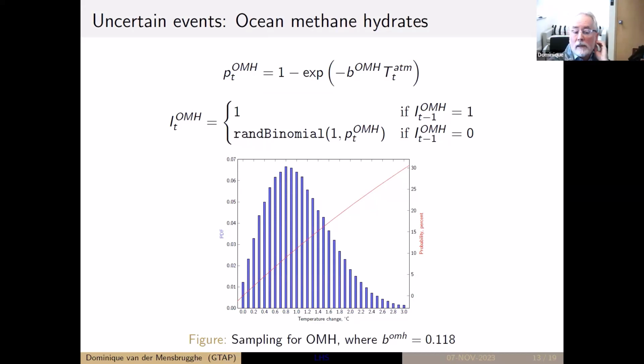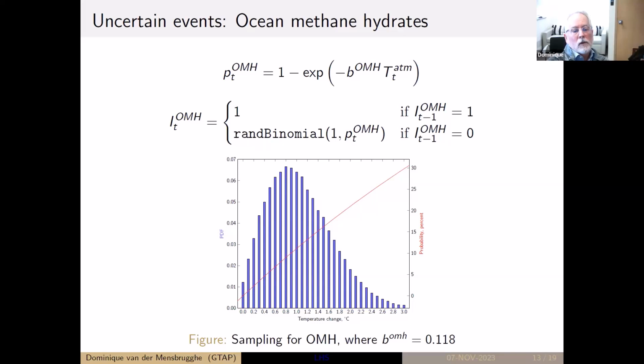That probability is in the form of a hazard function: 1 minus the exponent of minus b times the temperature. So b is the hazard rate, and as temperature rises, the probability of the ocean methane hydrates being released into the atmosphere increases.